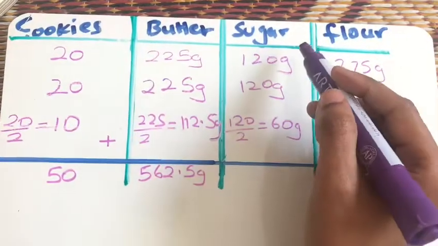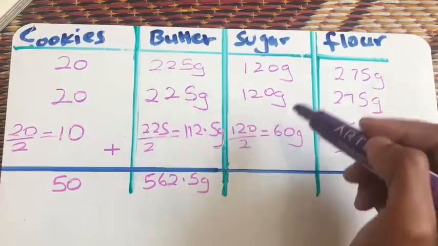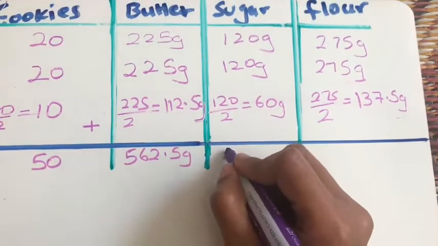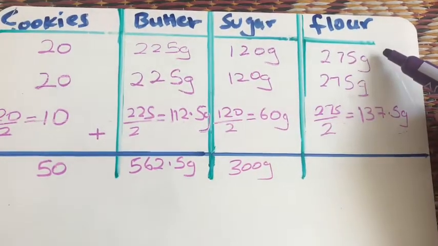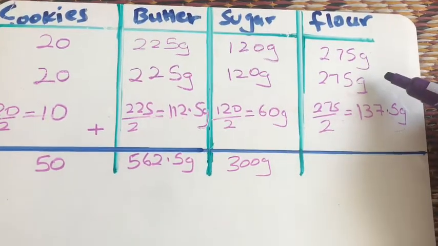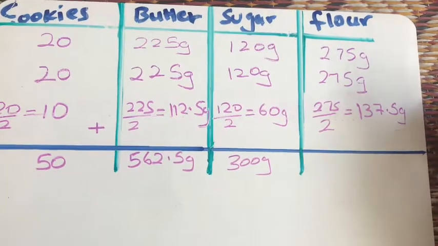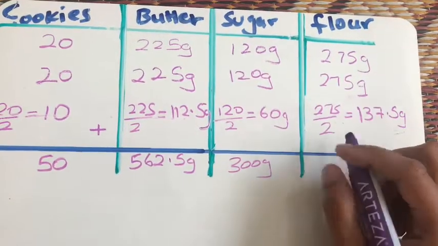And then this one, 120 plus 120, that's 240 plus 60, that should give us 300. And that's 275 plus 275 plus 137.5, which should give us 687.5.